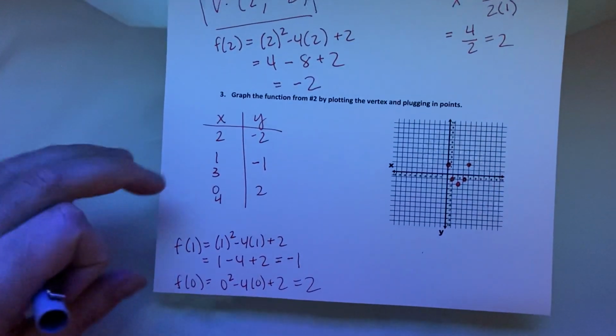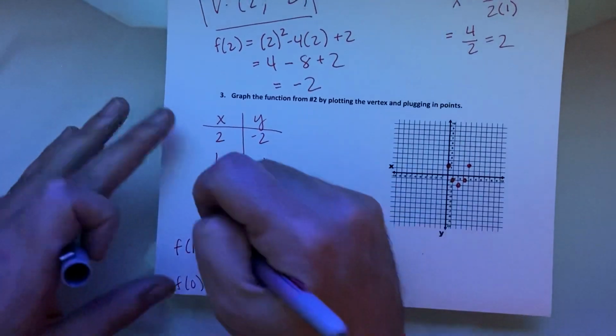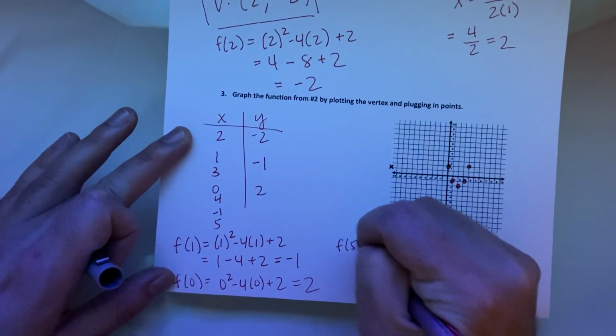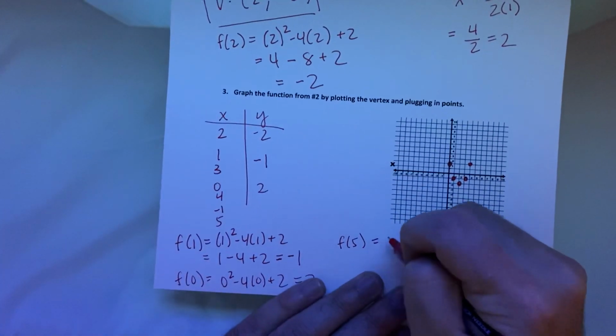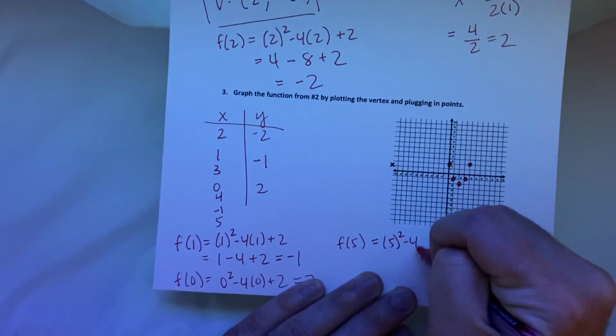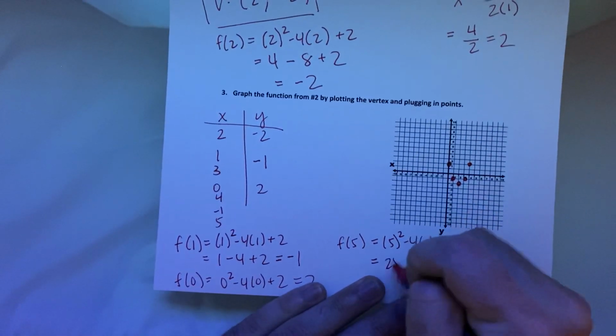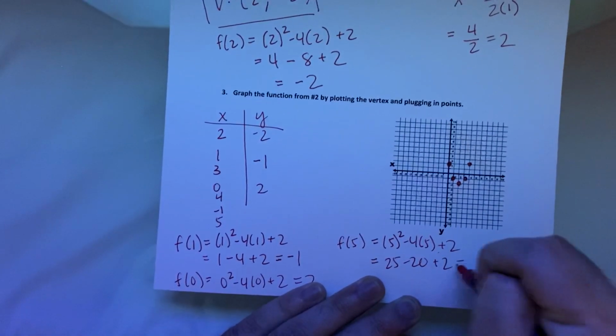And we'll do one more. This should be enough to get a general sketch, but let's plug in negative 1 or 5. I'm going to plug in 5. 5 squared minus 4 times 5 plus 2. It's 25 minus 20 plus 2, which is 7.